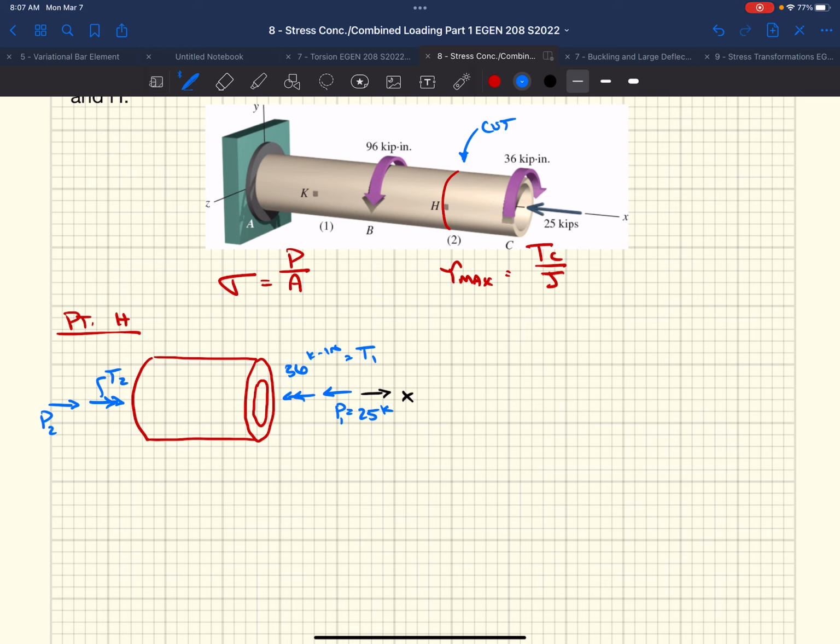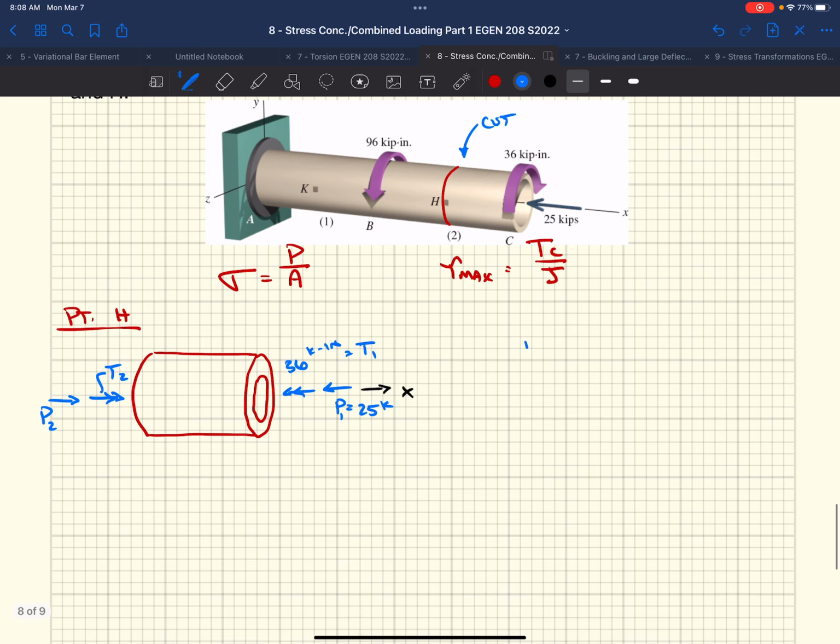So if we sum forces in the x direction, the forces acting along the x-axis are P1 and P2. Well, that means that P1 equals P2, or P2 equals P1. So we could say P1 equals P2, right? That's sum of the forces about the x equals 0. That's where we got that.